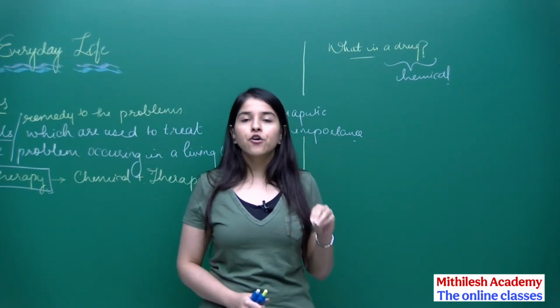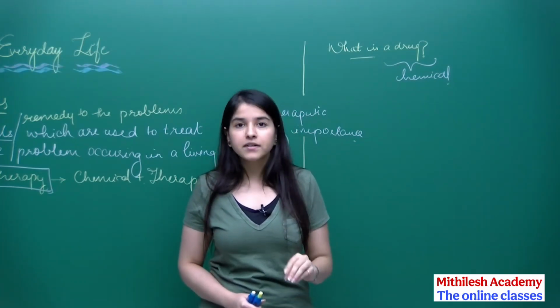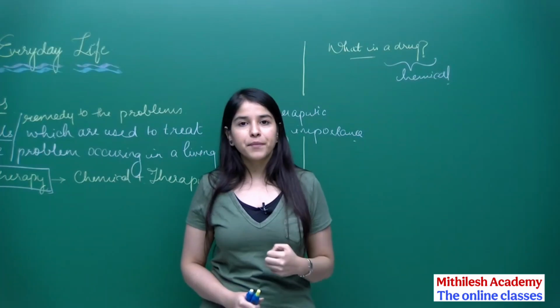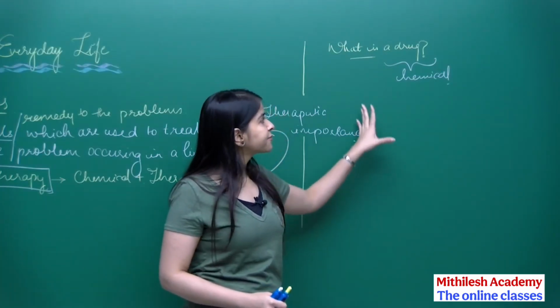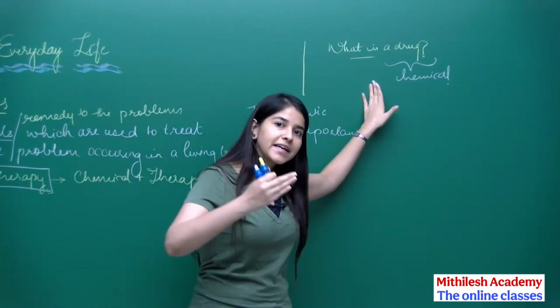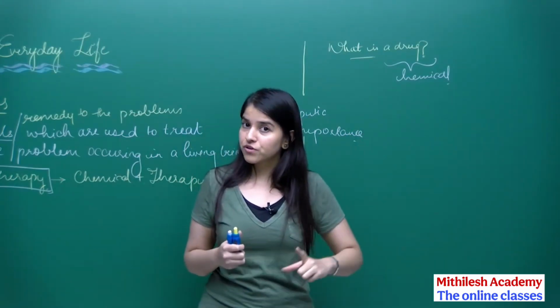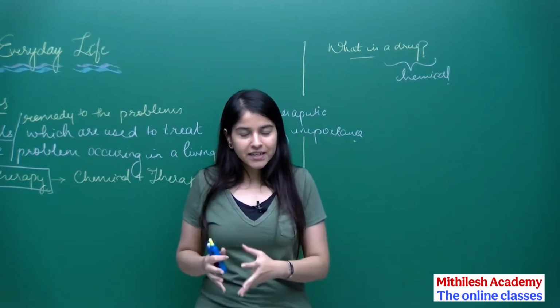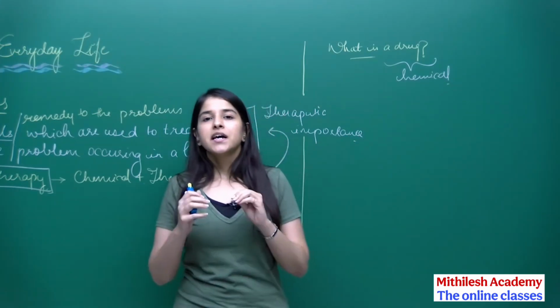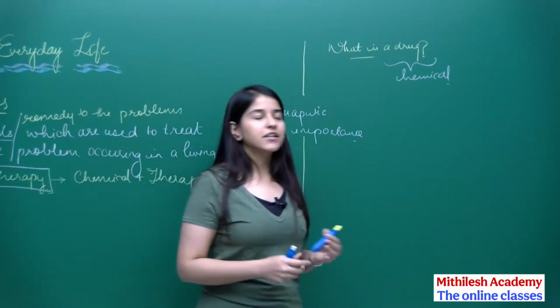Those kinds of drugs, those chemicals having a negative impact on you, are not included in the category of medicines. But those drugs which have a positive effect, which treat your condition and your disease, fall under the category of medicines.